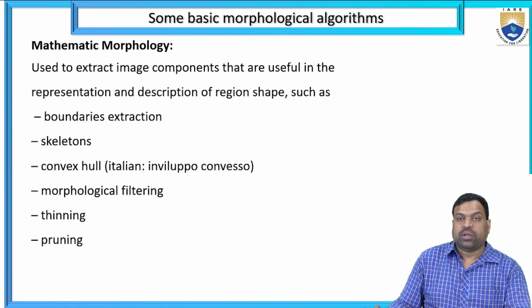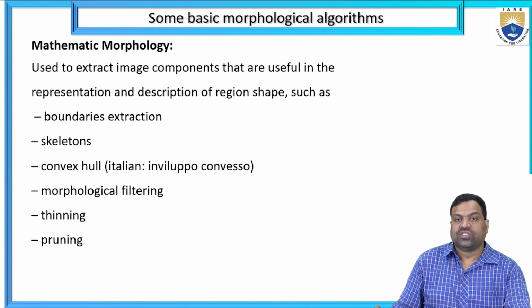In mathematical morphology, it is used to extract image components that are useful in the representation and description of region shape, such as boundary extraction, skeletons, convex hull, morphological filtering, thinning, pruning.